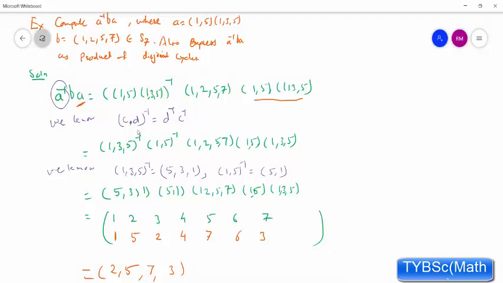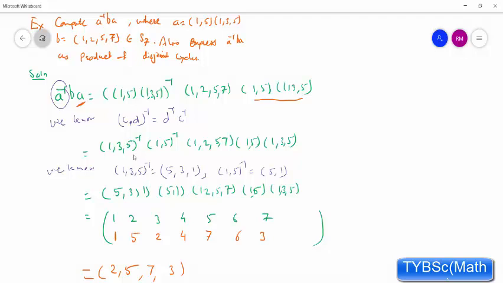We can also verify this by taking permutations as an example. This is also a very important property. So with this property, we can write (1 2 3) inverse, this cycle inverse, times (1 5) inverse, and the remaining thing is as it is.